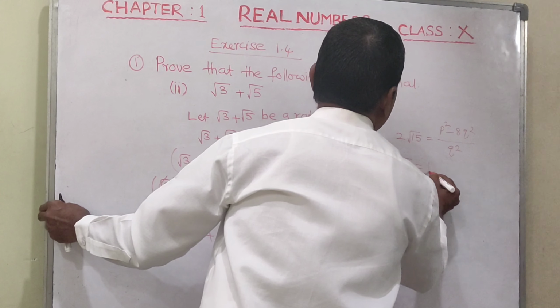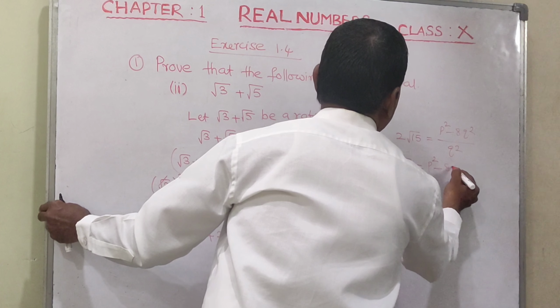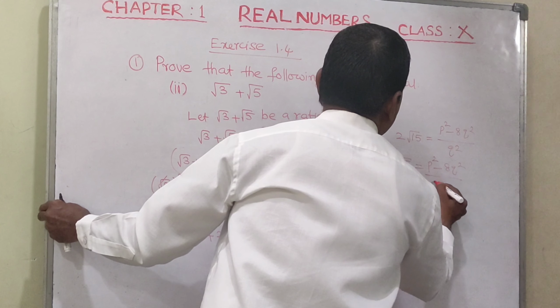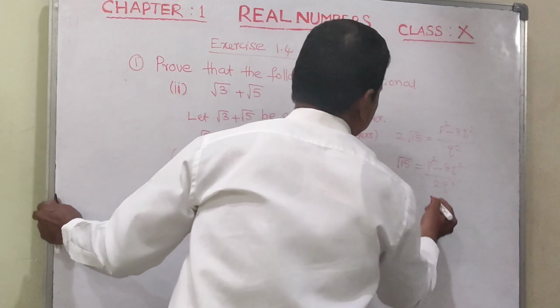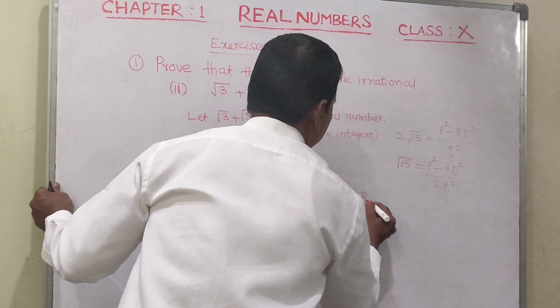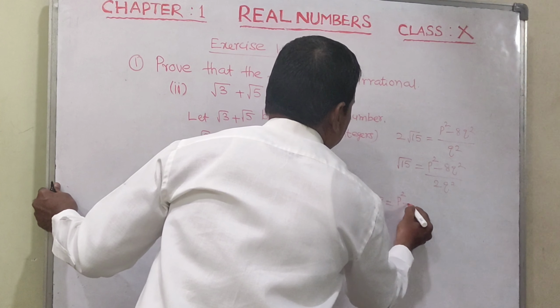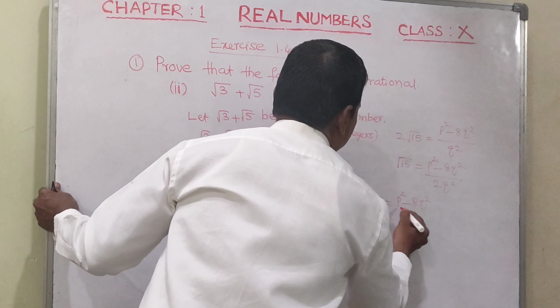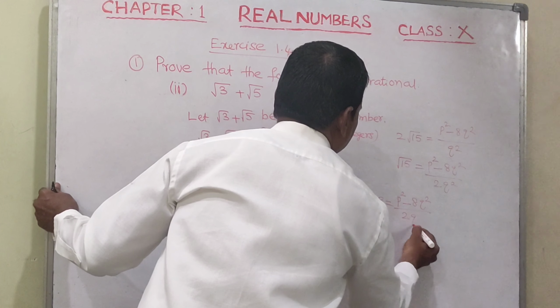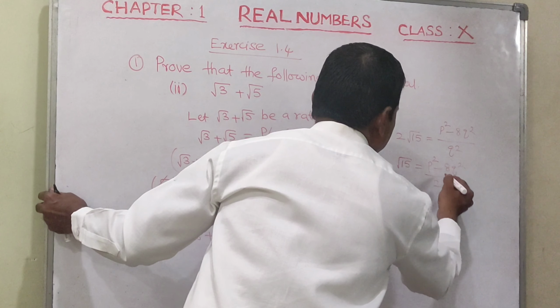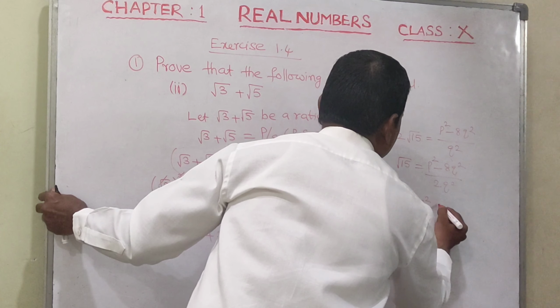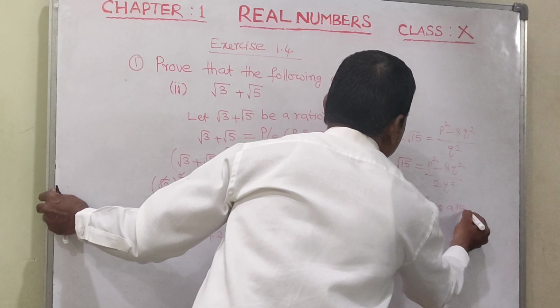Root 15 is equal to p square minus 8 q square by 2 q square. Here, if you observe, the RHS is p square minus 8 q square by 2 q square, which is in the form of p by q, a rational number.